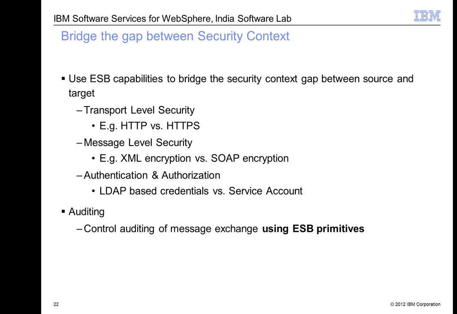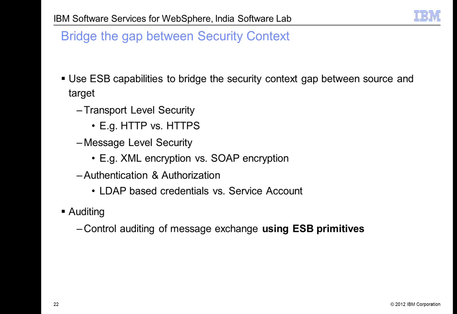A says, I can only give you data over HTTPS because I am more secure. And B says, I don't know HTTPS, I can only request it over HTTP. Now, who is going to bridge this gap between HTTPS and HTTP? Well, SOI can do that. Or in other words, the ESB can do that.